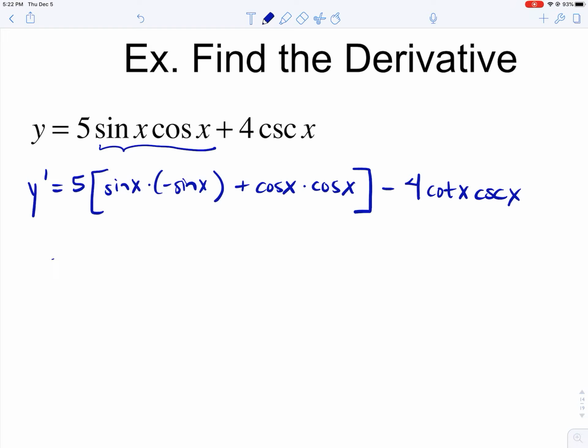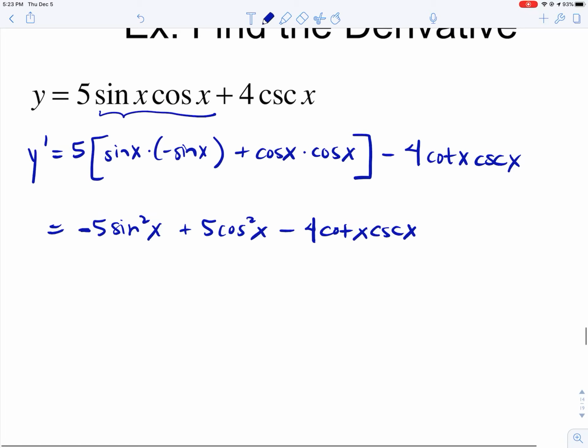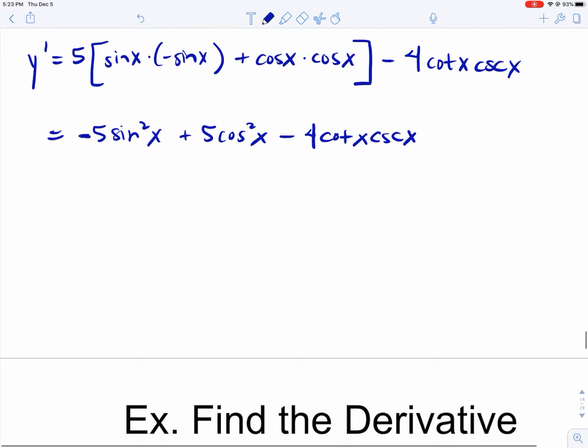And then I'm just going to clean this up a little bit, distribute the 5 in, so that it'll be minus 5 times sine squared x plus 5 times cosine squared x minus 4 times cotangent of x times cosecant of x. Okay, we'll leave as is. We're not using the Pythagorean identity that we talked about before, so we will leave it like that.